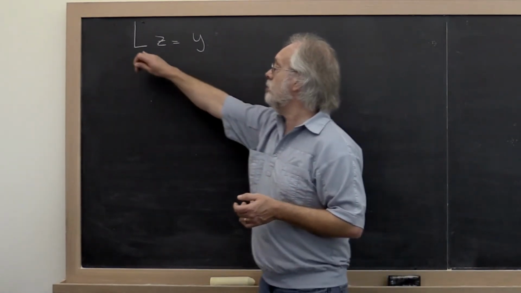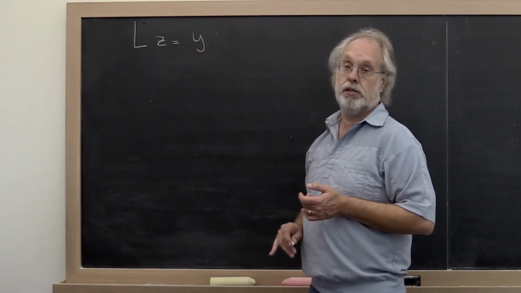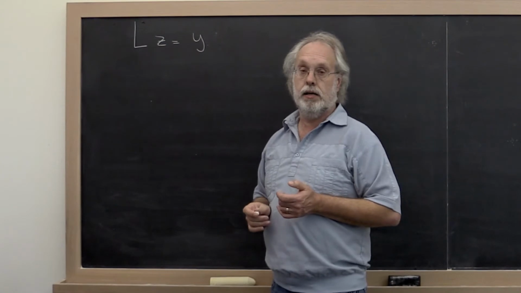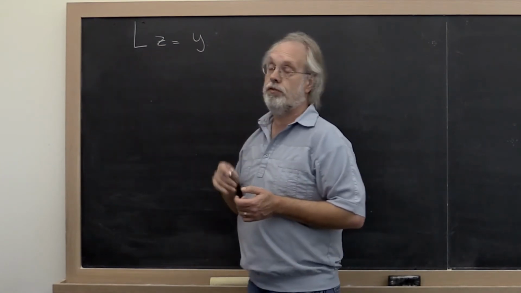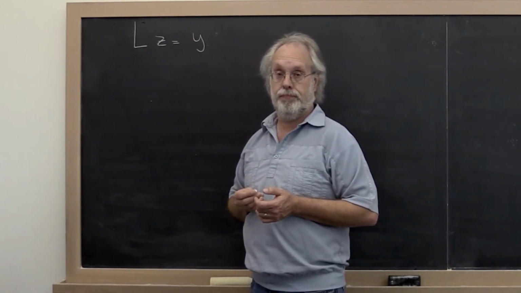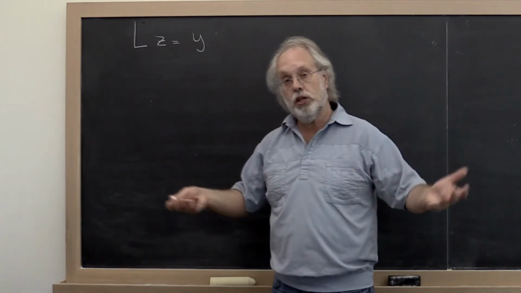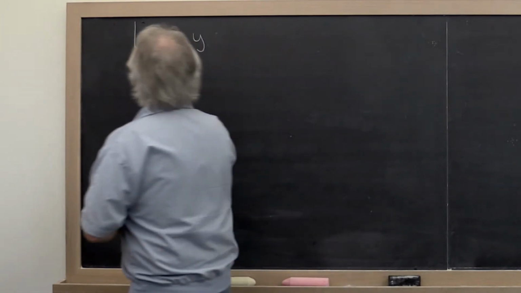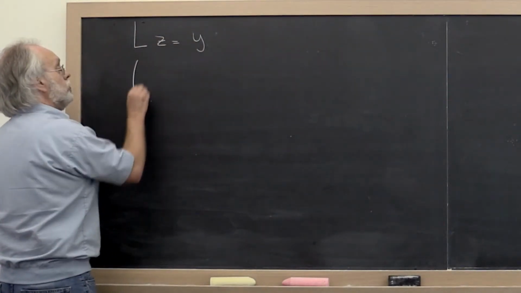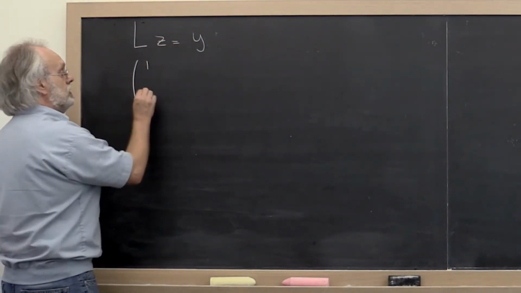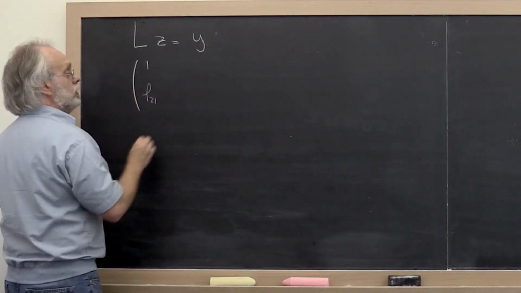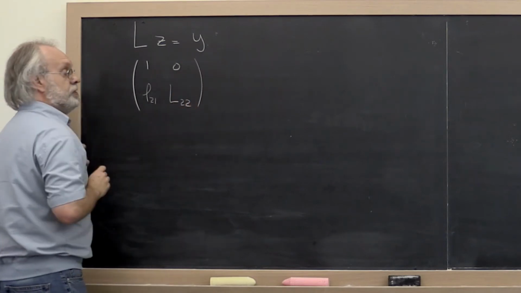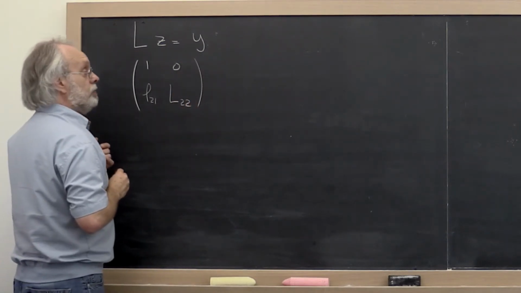So let's let L be a unit lower triangular matrix. We're given both L and y, a right-hand side, and we want to compute a solution vector z. What do we do? Well, we like to partition things, right? So let's partition matrix L into the 1 that's on its diagonal, L21 below it, and L22 as the rest of the matrix, which itself is a unit lower triangular matrix.